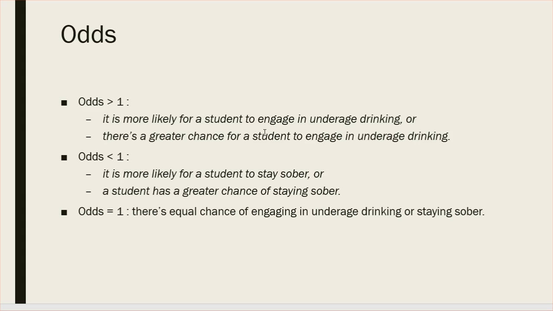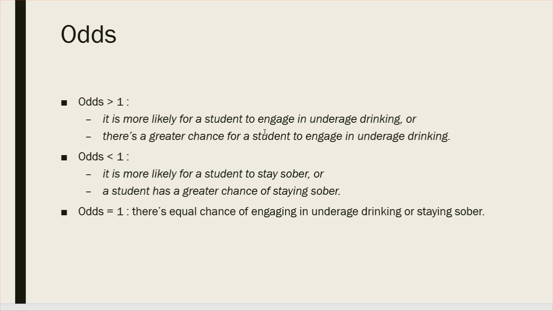Or we can interpret that differently. When we see odds that are lesser than 1, it can also mean that a student has a greater chance of staying sober. When the odds equal 1, it means there's an equal chance of engaging in underage drinking or staying sober.